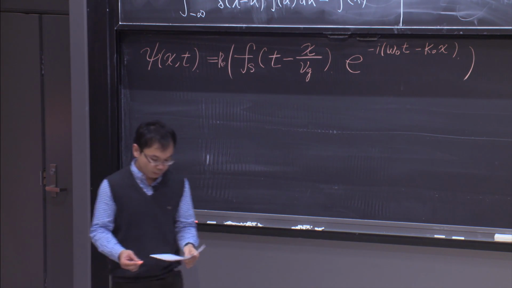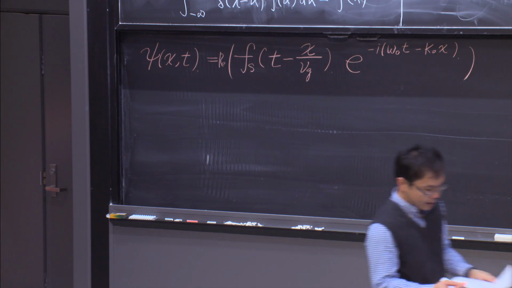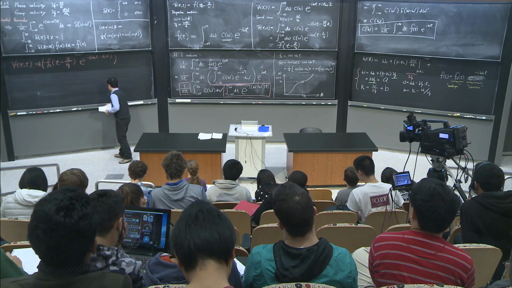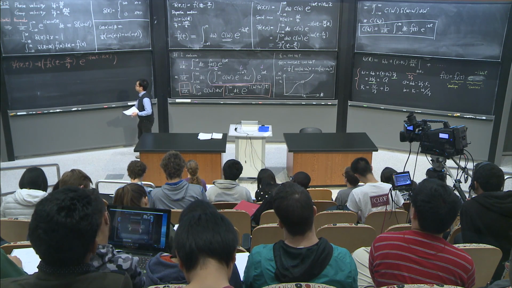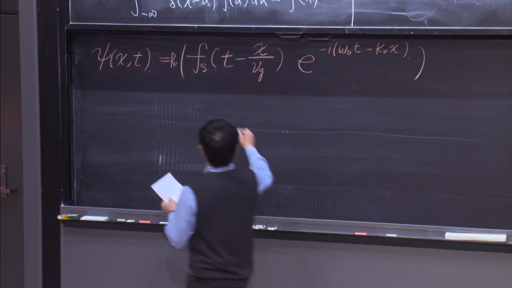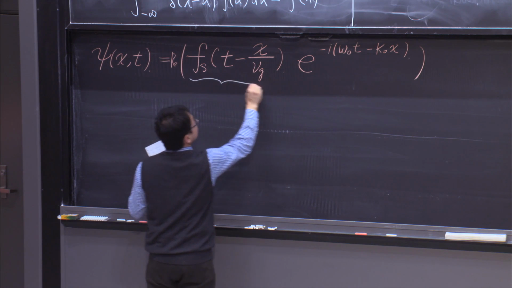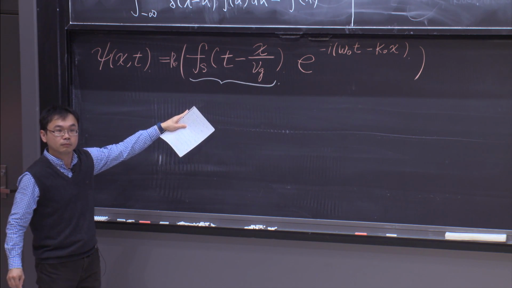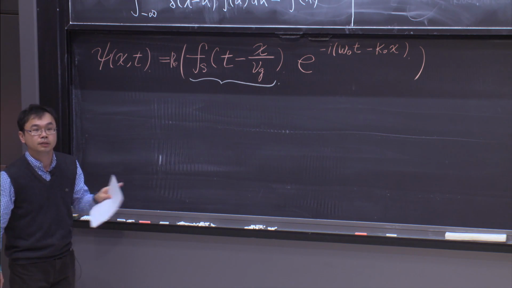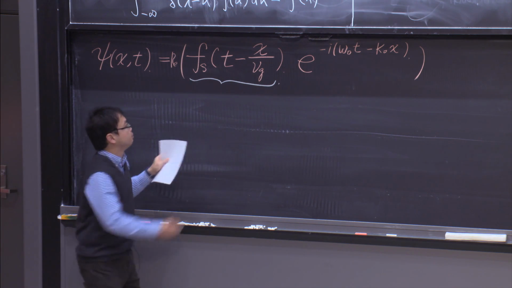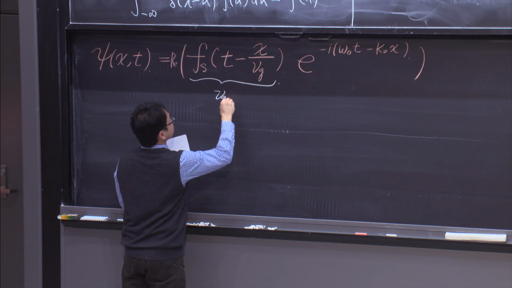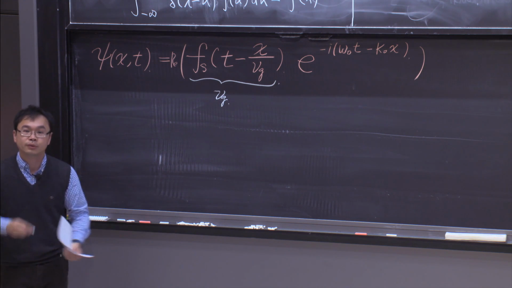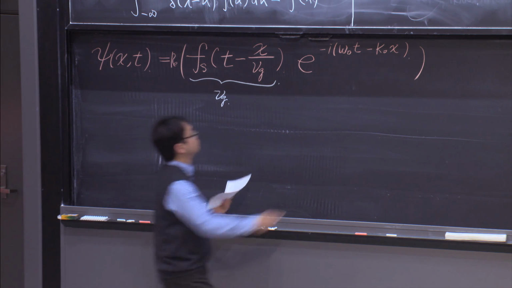Before I go through all those maths, let's look at the conclusion which we would like to draw. The conclusion is that this is my envelope. My envelope is going to be traveling at the speed of Vg, which is the group velocity. That's the conclusion I would like to draw from this exercise.